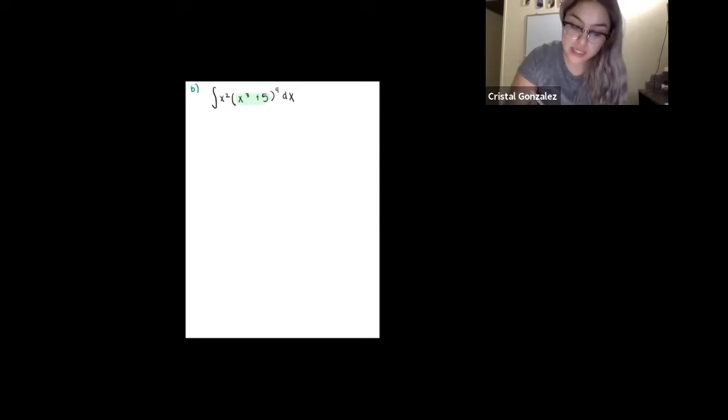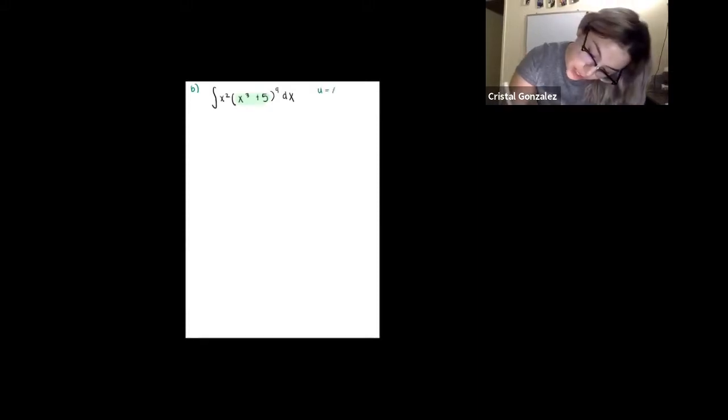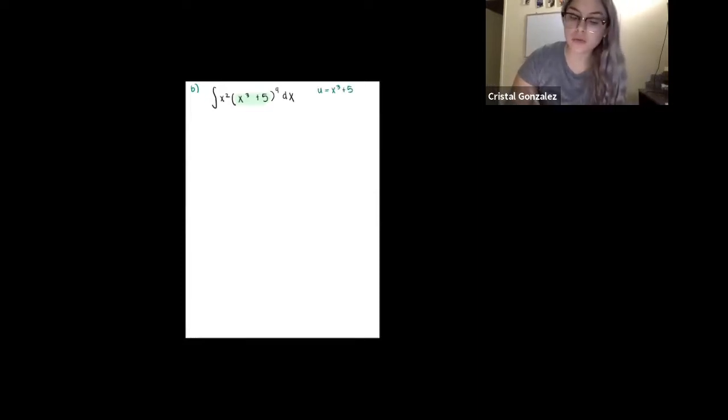So I'm going to let u equal x cubed plus 5. And I probably like, what do we do with this? All right, just wait and see. Remember, the goal is to be able to substitute everything that you have in this integral in terms of u. Get rid of all the x's, write them in terms of u.